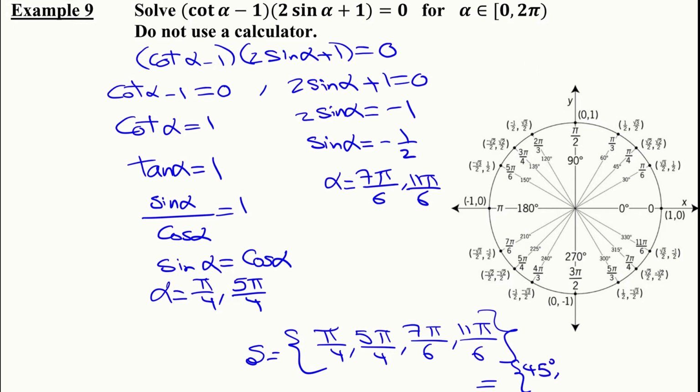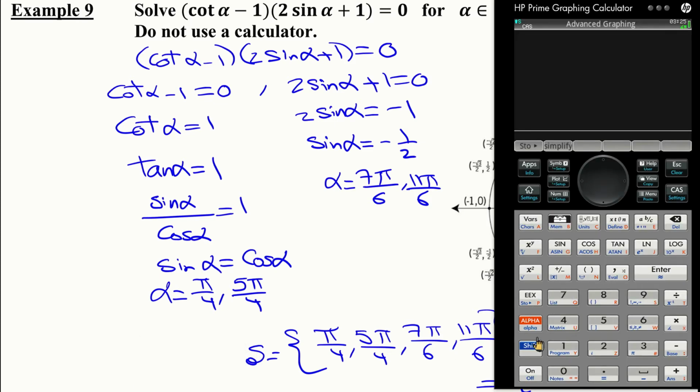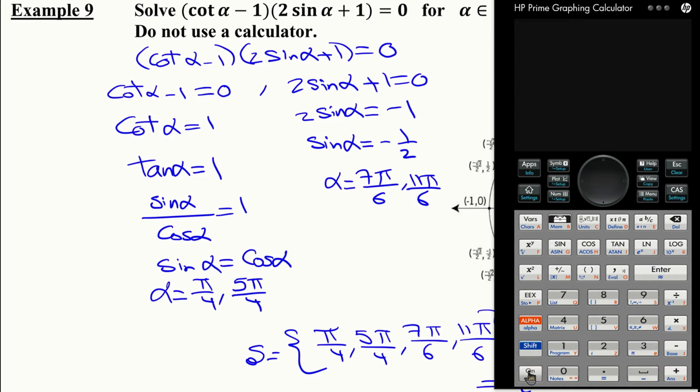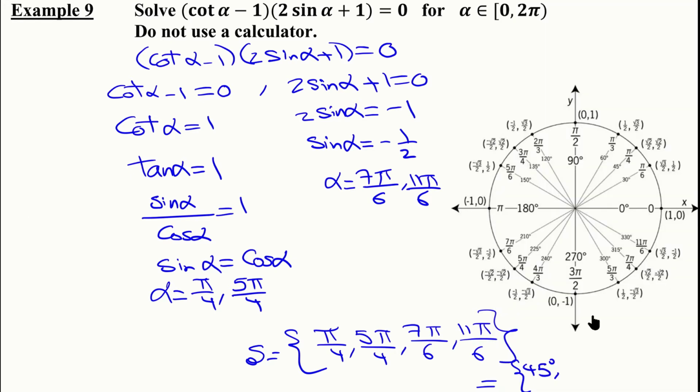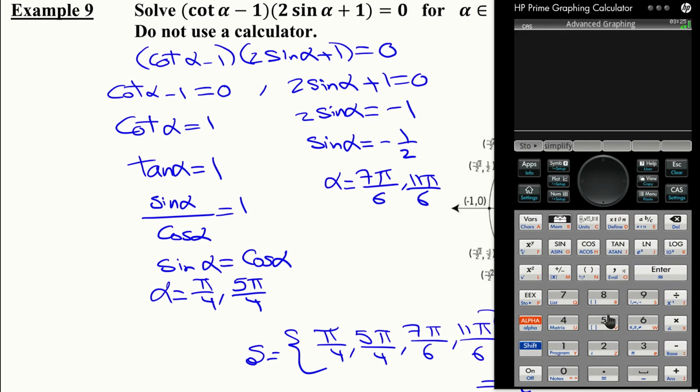For the other ones, we can quickly use a calculator if we want to save time. So, for example, we want 5 times 180 over 4 to go ahead and convert that to degrees. Okay, I see what happened here.